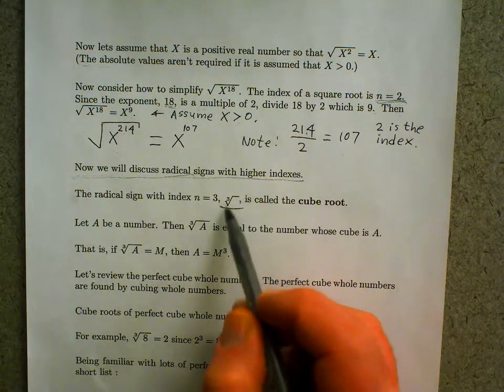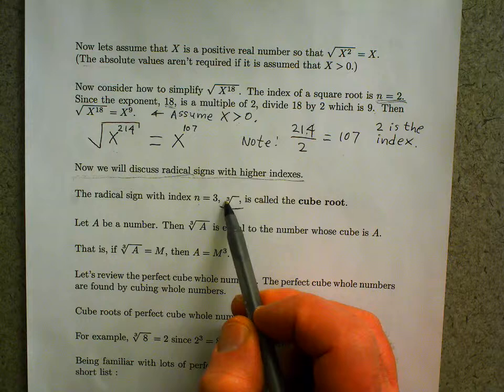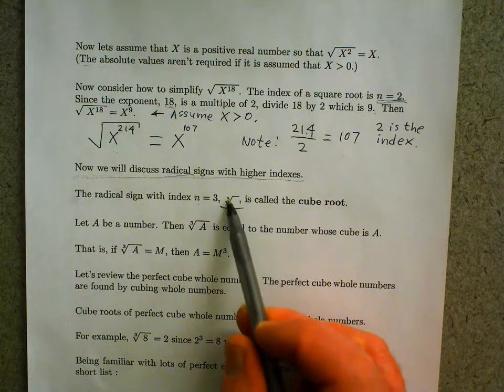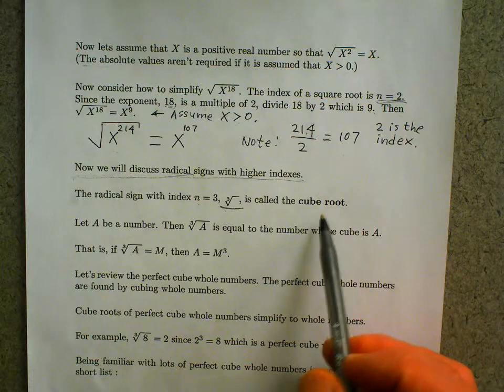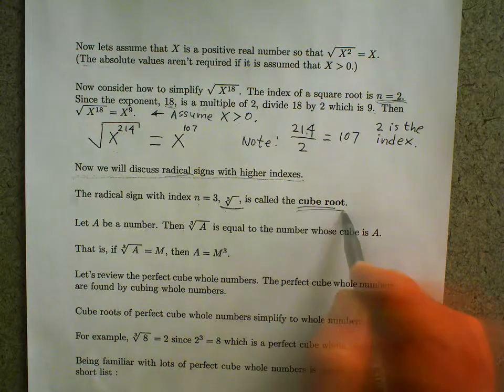We have the radical symbol, and the positive integer 3 is in that part of the radical. So if you have a radical with index 3, this is referred to as the cube root.